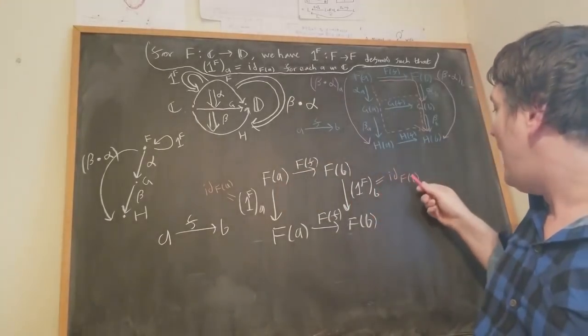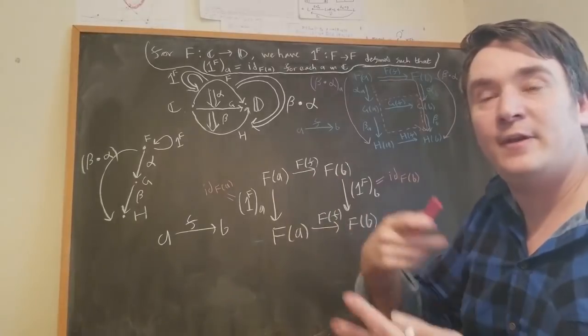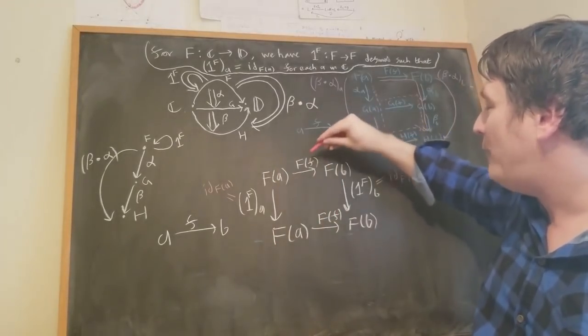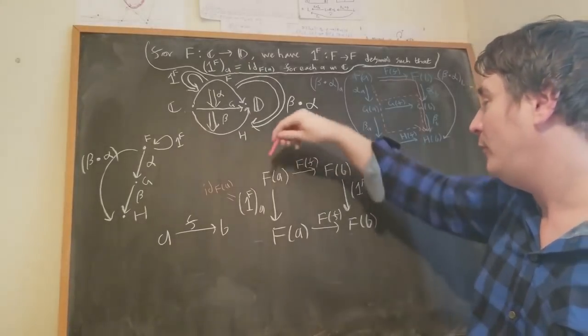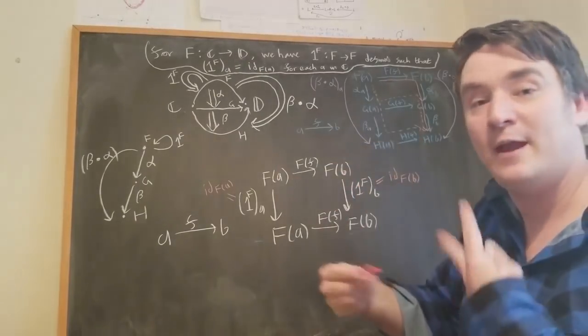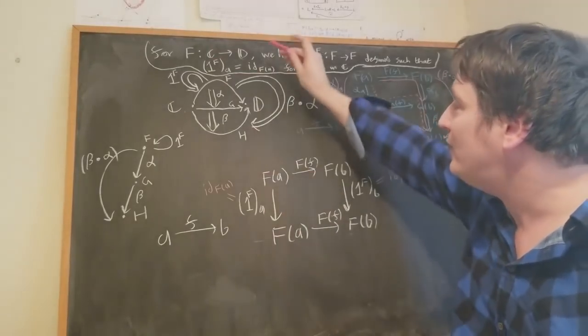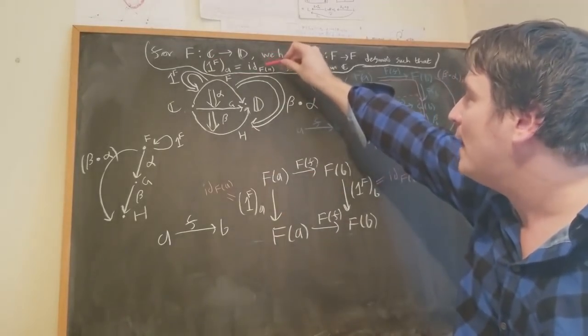Because composing with the identity isn't going to really do anything, so we're just going to get that F of f equals F of f. So each square associated with an arrow in C is going to commute. So this is indeed a natural transformation.